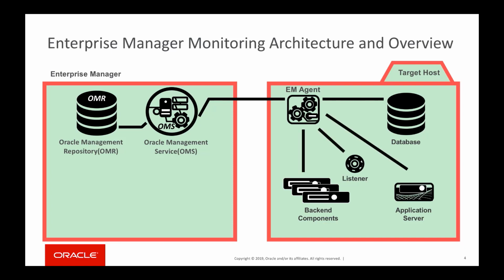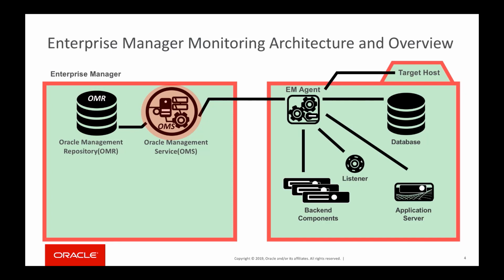They are, in this example, database, application server, listener, and other components. And of course, the host system itself. Then the agent sends the collected target information back to OMS, which is the centerpiece of EM. OMS then processes the request and writes it down to OMR, which is a database where EM stores the information. So this is a high-level diagram of how Enterprise Manager works.